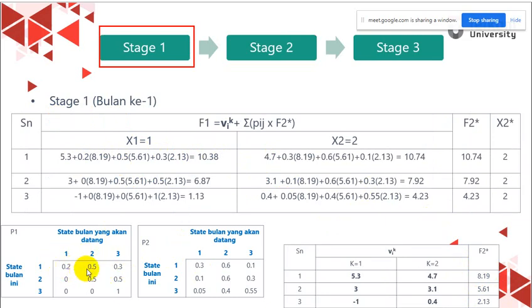This 0.2, 0.5, 0.3 multiplied by this one and this one to get the state is 2 and the decision is 1. So it will be using this row in this matrix and multiply by the payoff or the revenue of the next stage. Yeah, like how we did dynamic programming before, and then 0, 0, 1 multiplied by this one. Yeah, okay. And then if we want to get this number, multiply this row with the value here.